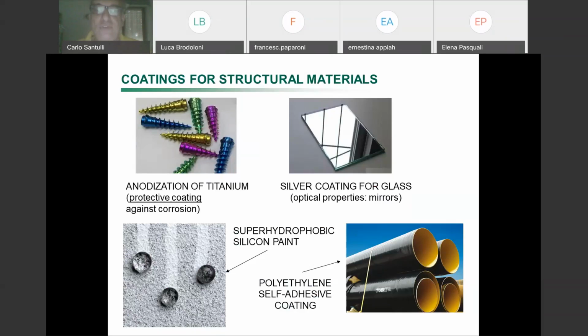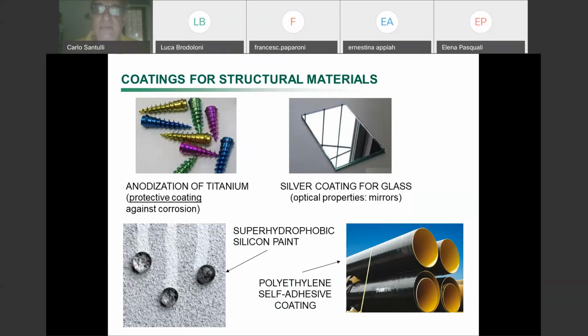For example, I'm showing you here some examples. You know that, for example, mirrors are made with glass, and everyone knows that, but below glass, a coating which is usually made in silver, therefore in a metal, allows you to reflect light and therefore your image into the mirror.